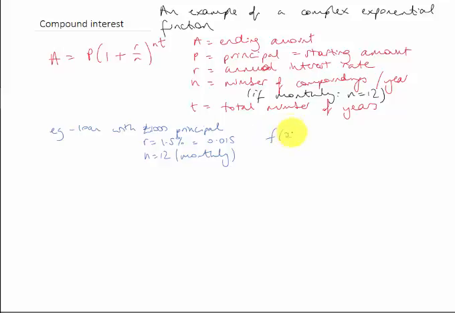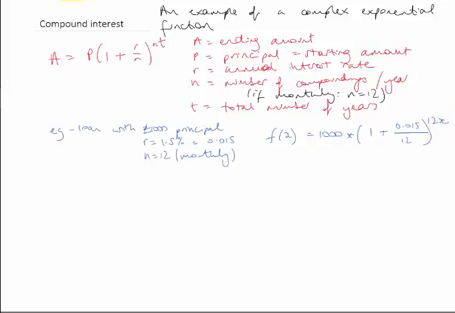So f of x equals 1,000 times (1 plus r, which is 0.015 over 12) to the power 12x. So it's this. So our ending amount A will depend on the amount of time that goes past, and you'll see that this x is in the exponent.